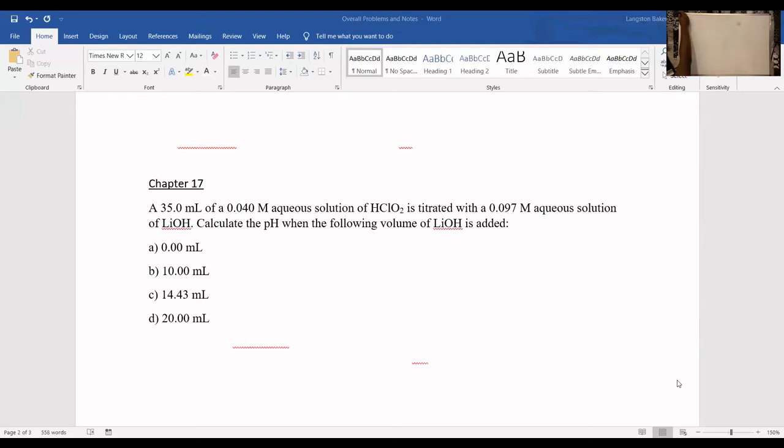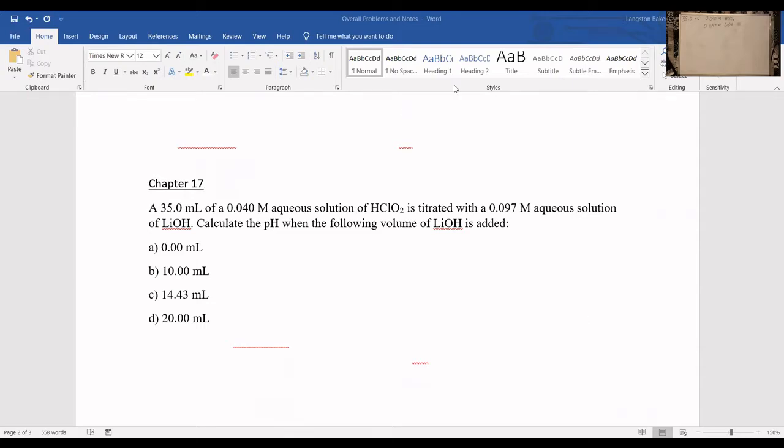So we got 35 milliliters of 0.040 molar HClO2, and then we got 0.097 molar lithium hydroxide. And then we're going to write those concentrations down somewhere else, so I'll remember. You can tell I made this problem up because one of the numbers has a weird decimal place.